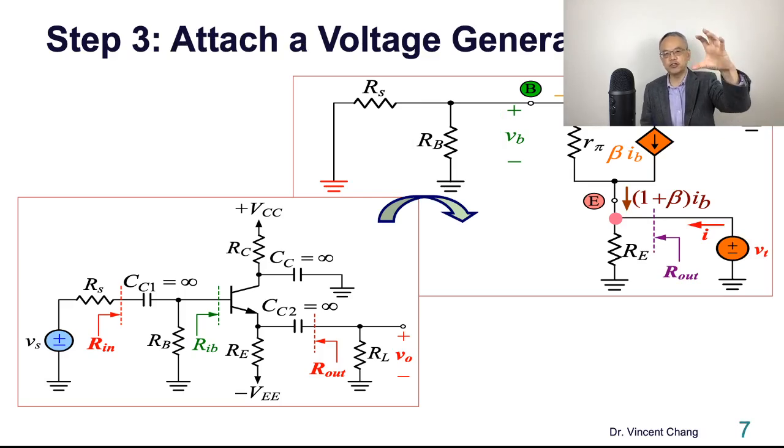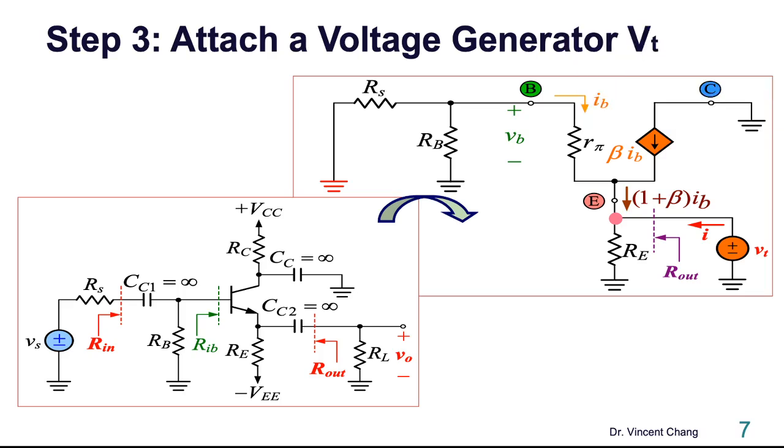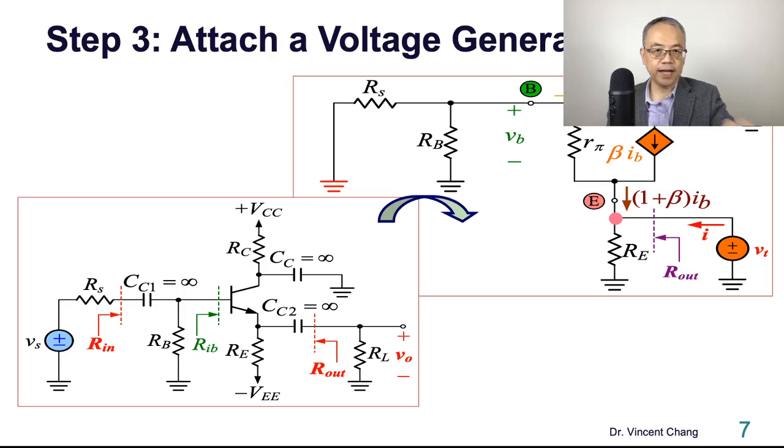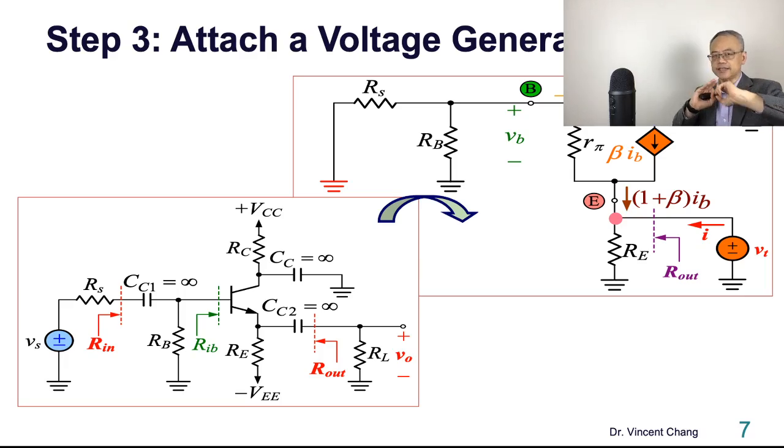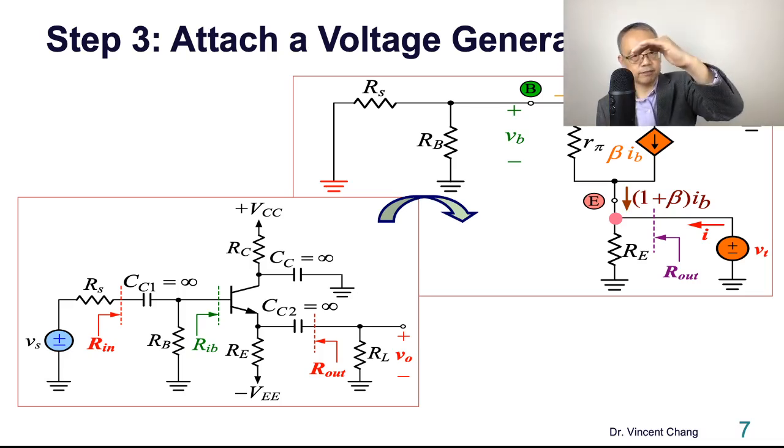And then here comes the third step. Apply a voltage generator across the output terminal, between the pink point and the ground. And then send in a current, the AC test current. So testing voltage and testing current.